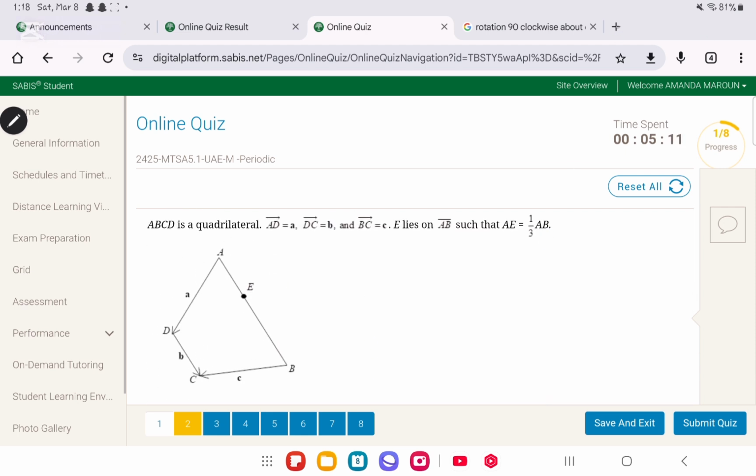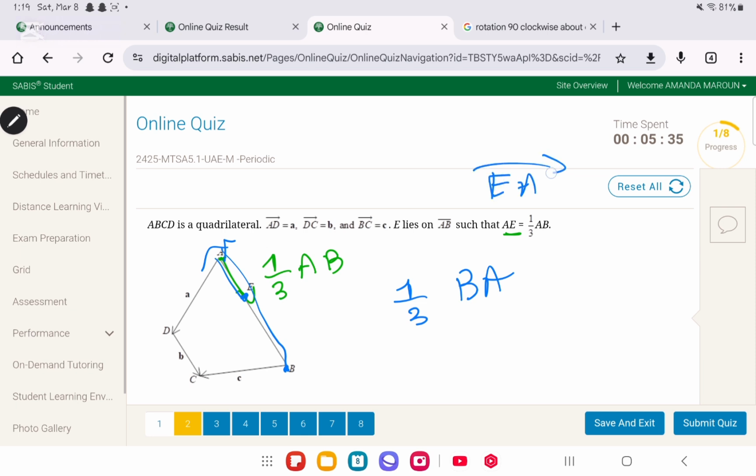We know, based on the given information, that AE, which goes like this, is 1/3 of AB. So if we are looking for EA, which goes like this, it's going to be 1/3 of BA. So very simply, to find the value of EA, we need to find the value of BA. And then our whole life would be easier.